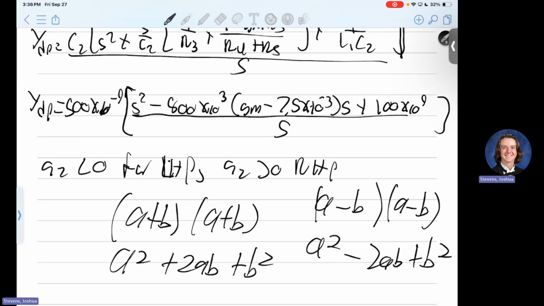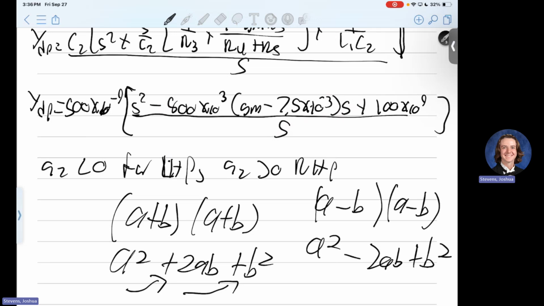So what do you notice about the signs in those polynomials? This second sign, if it's positive, tells you both of the factors will have the same sign. And if that's positive, then this first sign tells you what that sign is. So that's a quick trick you can use.